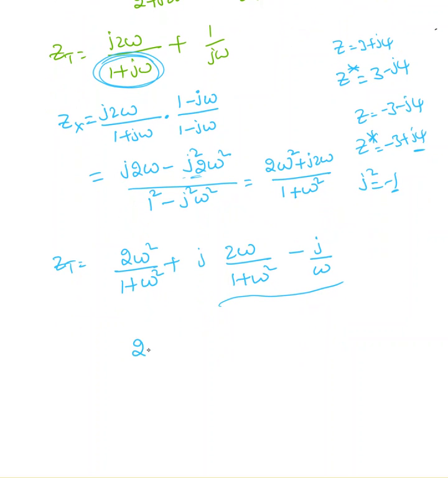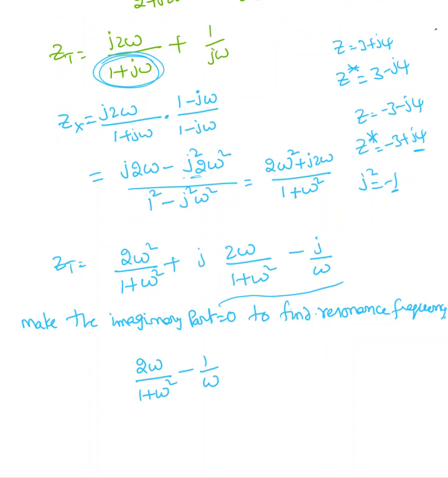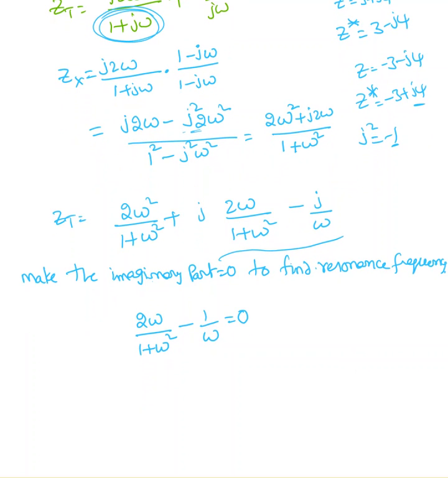So to find the resonant frequency, I make the imaginary part equal to 0. So I have 2 omega over 1 plus omega square equal to 1 over omega. If I move the omega to the other side, 2 omega square equal to 1 plus omega square.